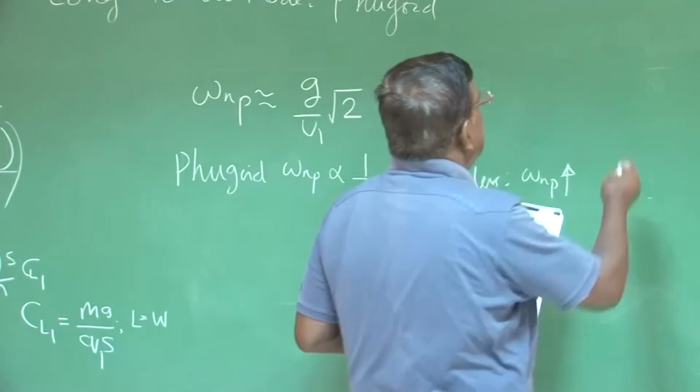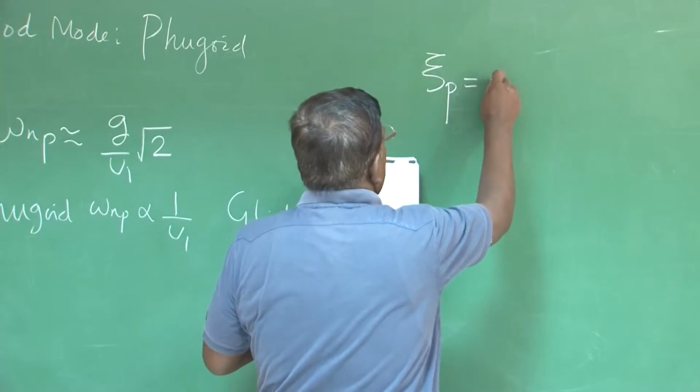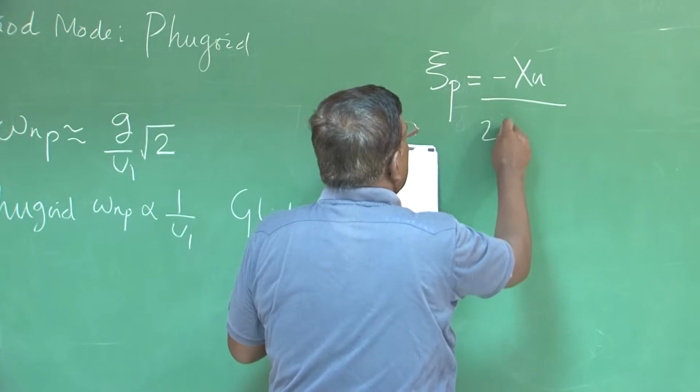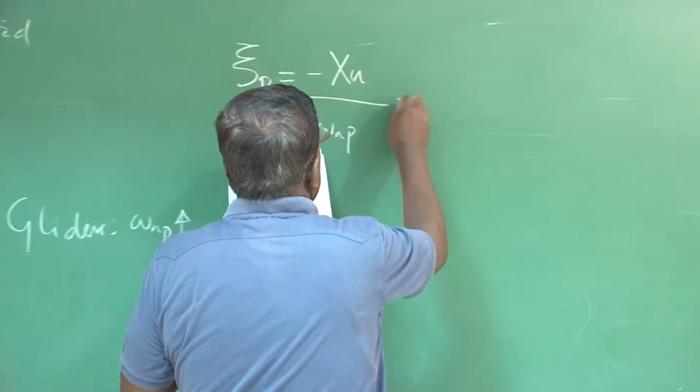Now, let us see zeta p, phugoid damping, which by expression is minus xu by 2 omega np. And again, I substitute the value of the expression for xu.